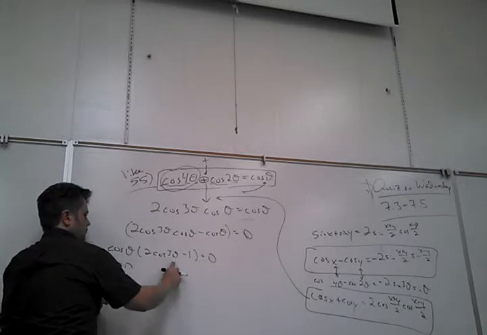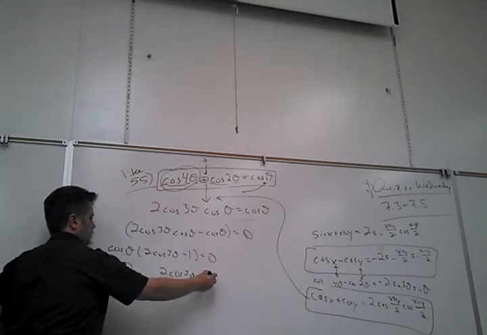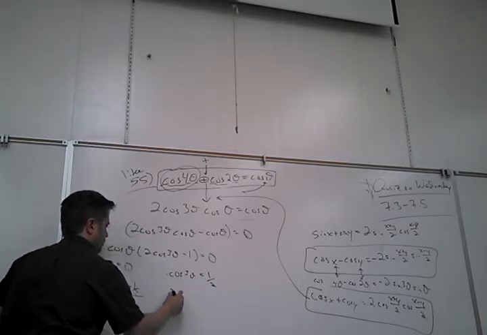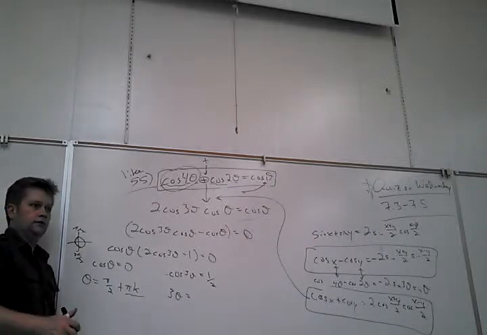Here, how do I solve this one? Add the 1 over, divide by 2. What's 3 theta got to be then? What cosine of what is 1/2? Cosine of what angle? Give me radians. Pi over 3.